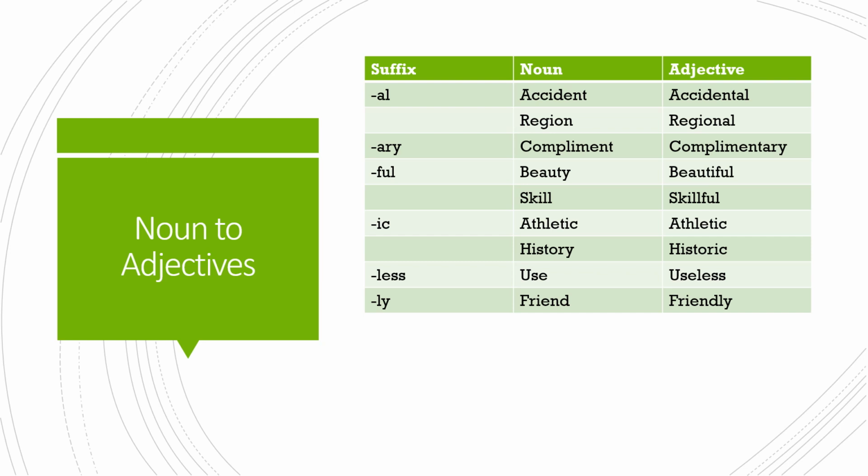And if you remember, in the previous slides we discussed how you can make nouns from certain verbs by adding suffixes. So I hope this will also help you to recognize adjectives in sentences.